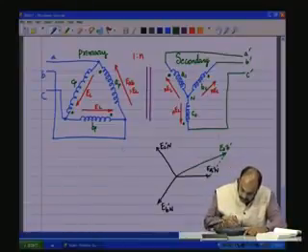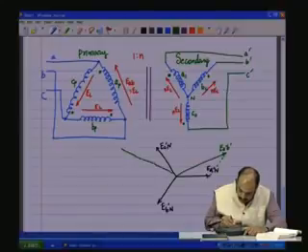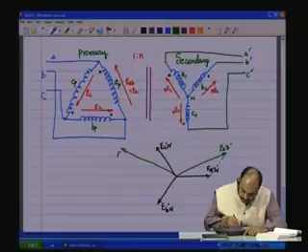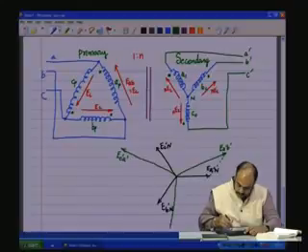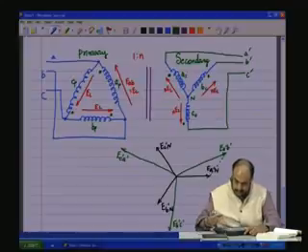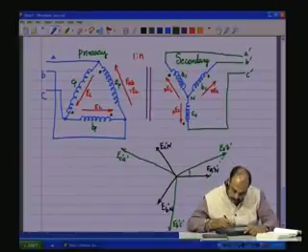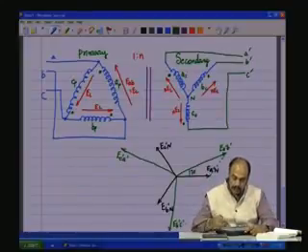And likewise, it is 30 degrees leading for E C dash A dash and so on, E B dash C dash. Okay. So, that is 30 degrees leading.